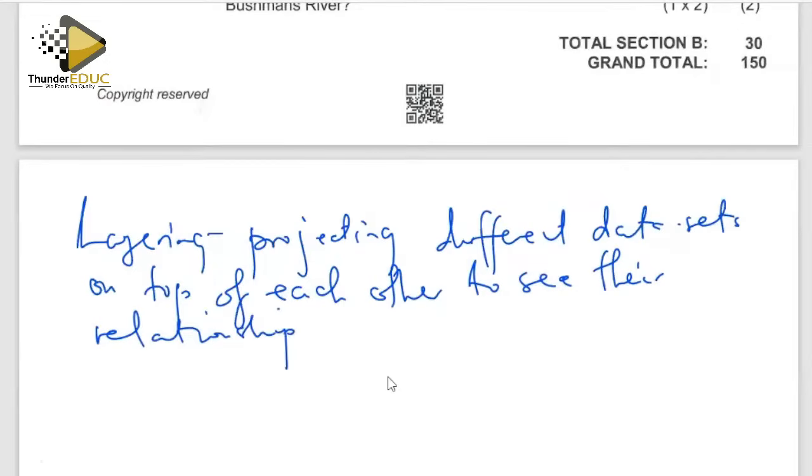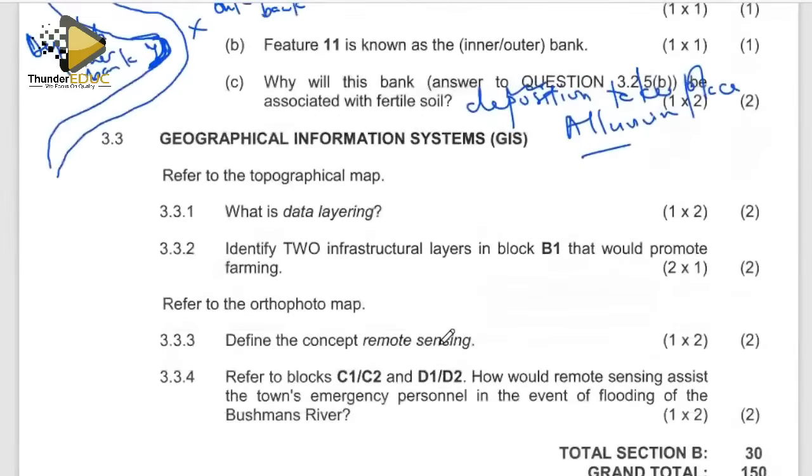We can compare different data sets, maps of different data sets by projecting them one on top of another to show how they relate to each other. That is data layering.